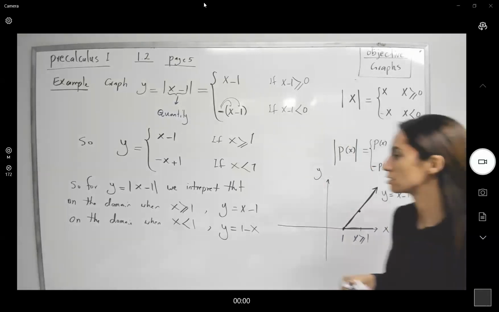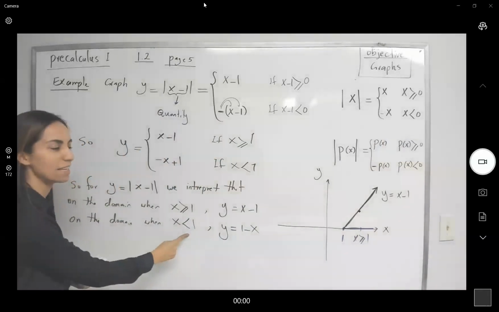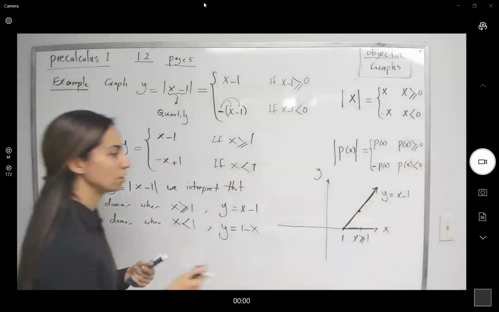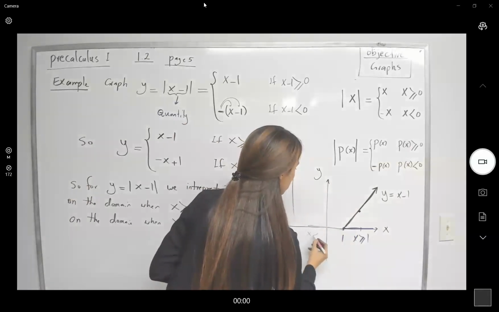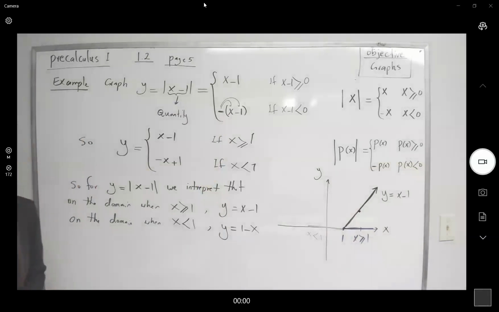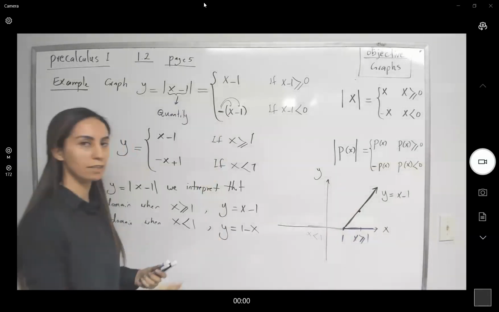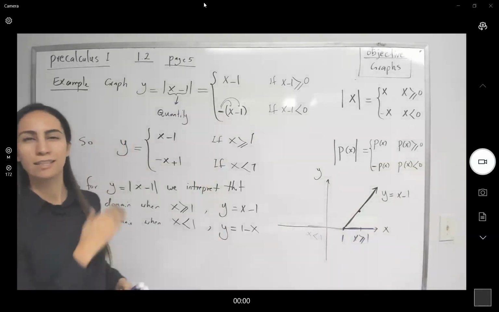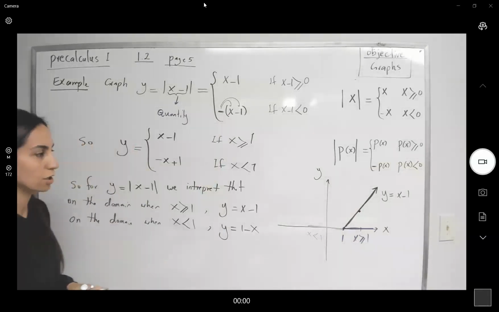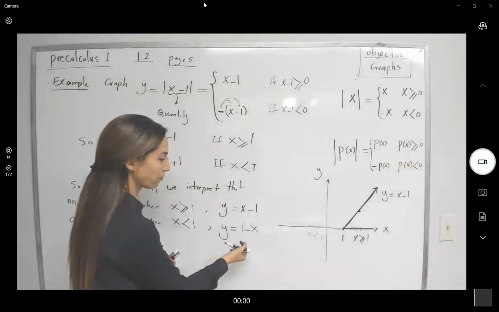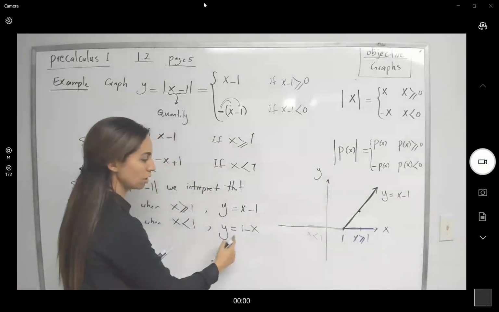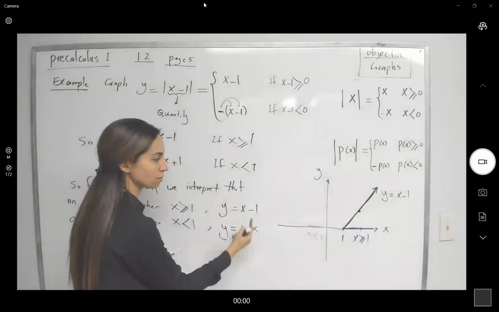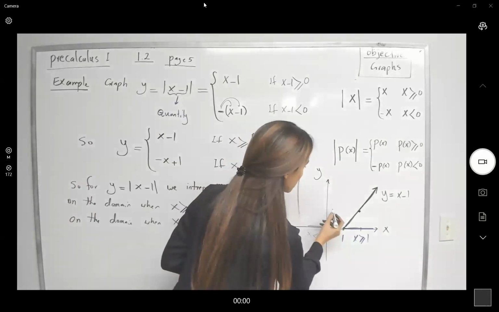What about on the left-hand side? It says when x is less than 1. Less than 1, this guy is just right here on the left-hand side of 1. So my y is defined as 1 minus x, the decreasing line. So if I plug in, for example, 0 here, y is equal to 1 minus 0, or just 1.